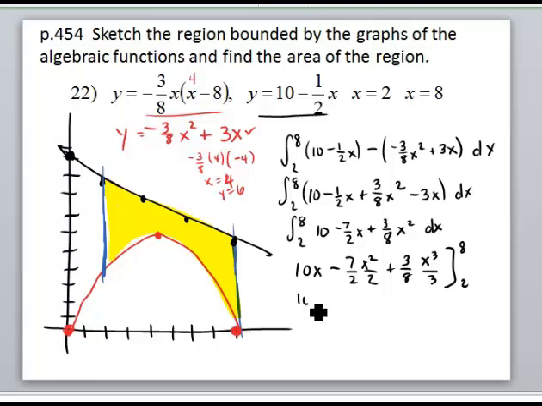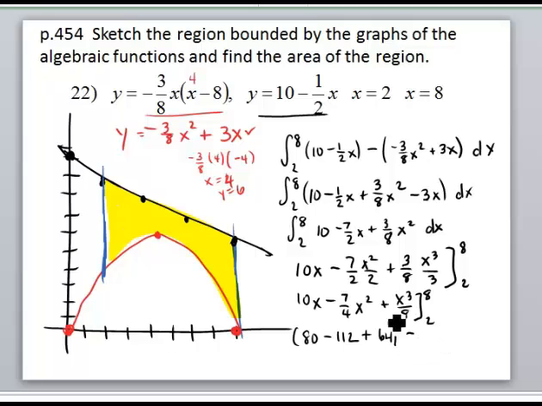So I end up getting 10x minus 7/4 x squared plus, it would be x cubed over 8. And I'm going to plug in the 8 first. So I'd have 80 minus 112 plus 64.